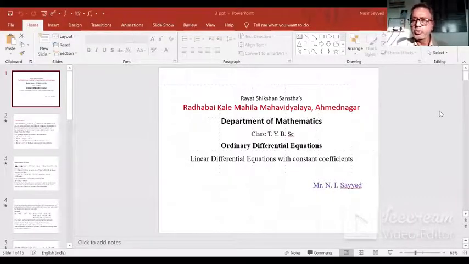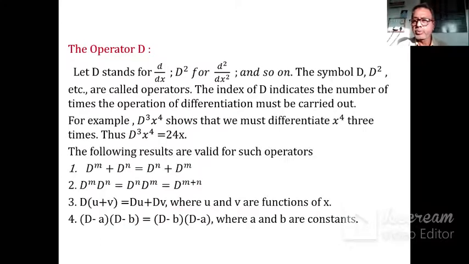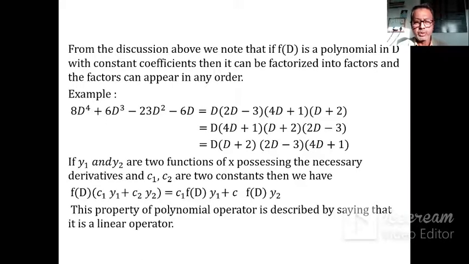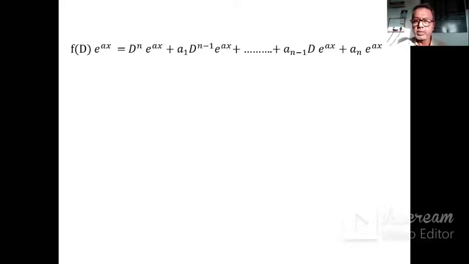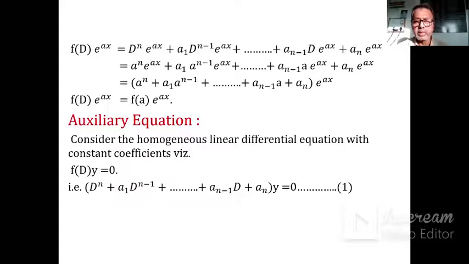Now we have also seen the auxiliary equations, and since the auxiliary equation is a polynomial in m, if we consider a homogeneous linear differential equation with constant coefficients of nth order, then the auxiliary equation is a polynomial in m of degree n, and therefore it has n roots.